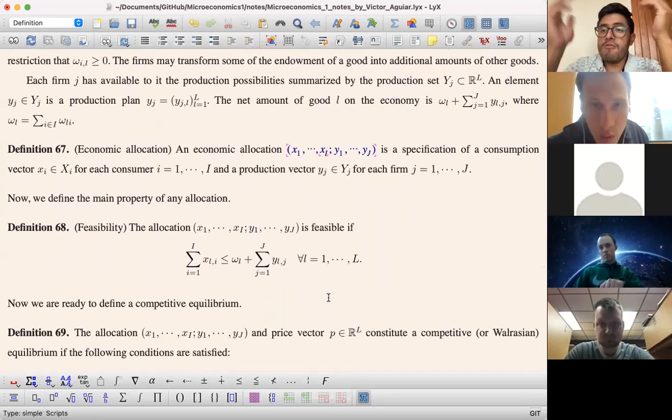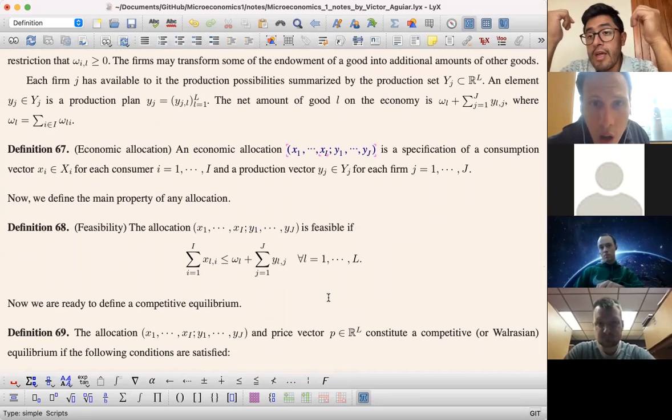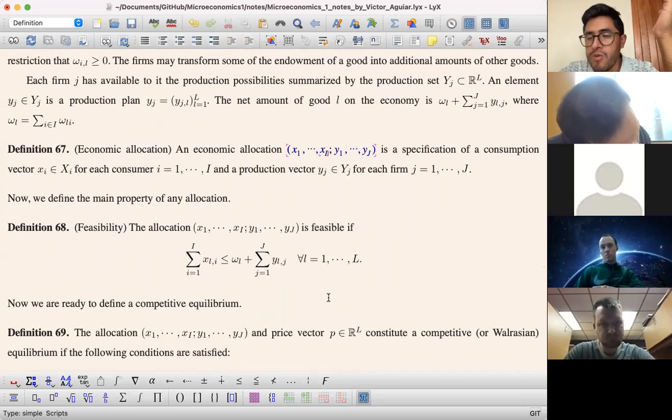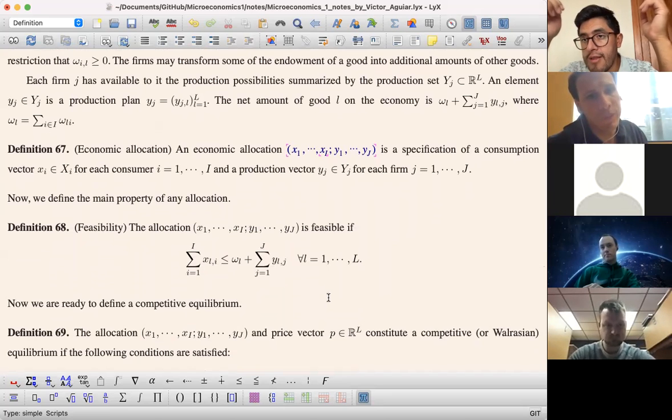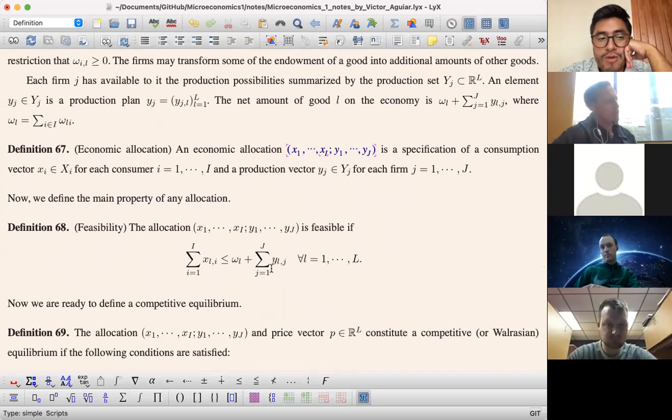Now, important definition. The allocations that we're going to be interested in as economists are called feasible allocations, and they're feasible if they satisfy the following inequality.